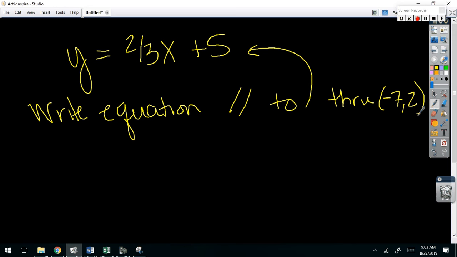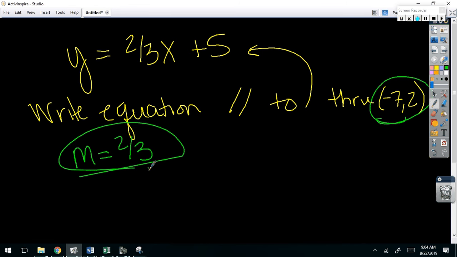Tell me what I know based on what you've been given. That's right. The slope of my new line is going to be 2/3. So now look what I have. I need to write the equation of a line. I have a point and a slope.